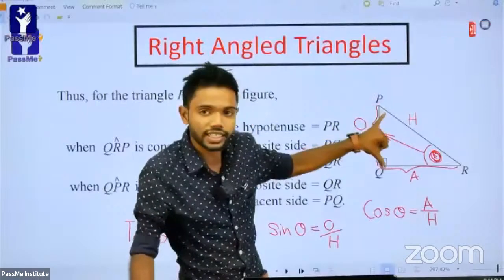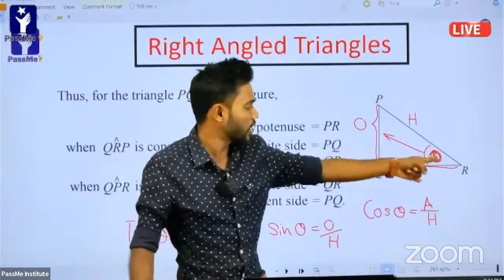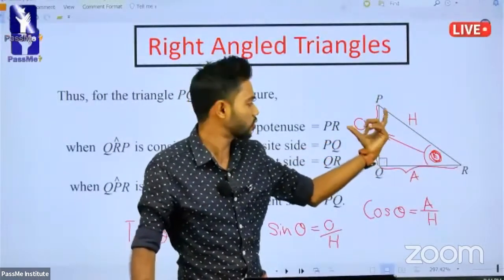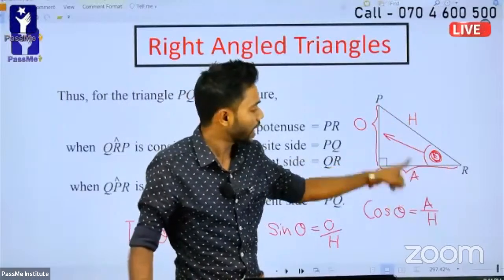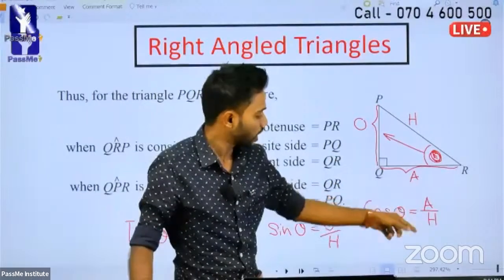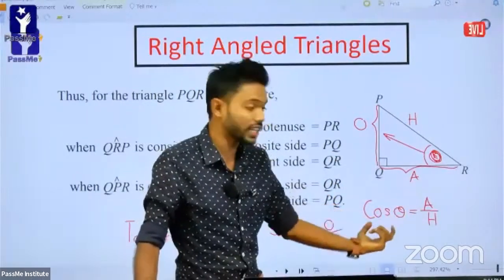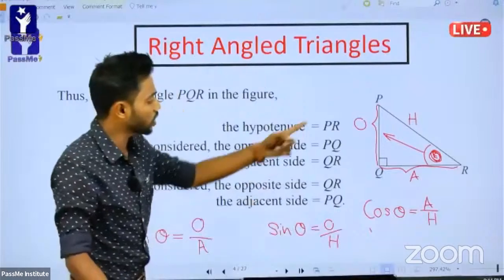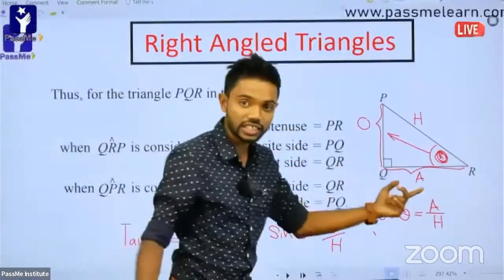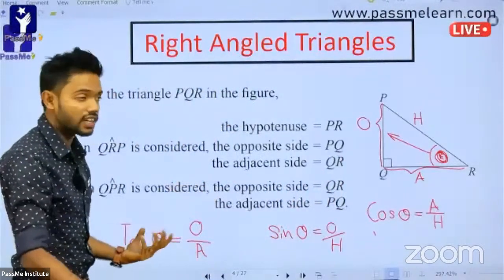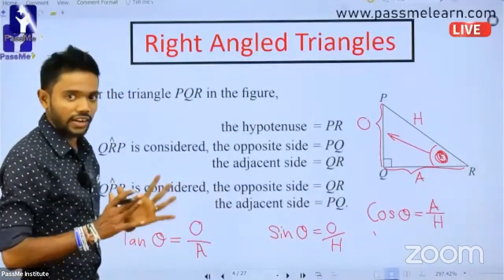If you know PQ and PR, you can have a relationship between O and H with the help of sine theta. If you know A and H, you can have the relationship with the help of cos theta. And if you know O and A, you can have a relationship between the opposite and the adjacent side with the help of tan theta. So this is the method that we need to follow.